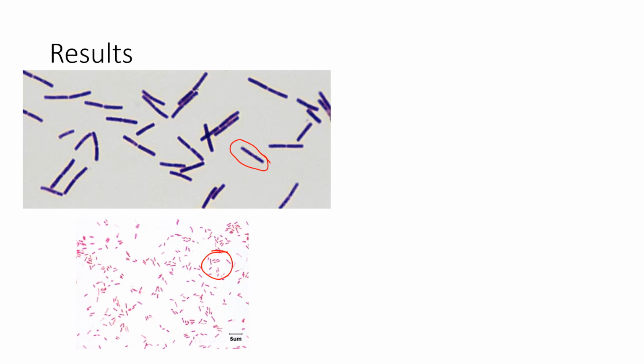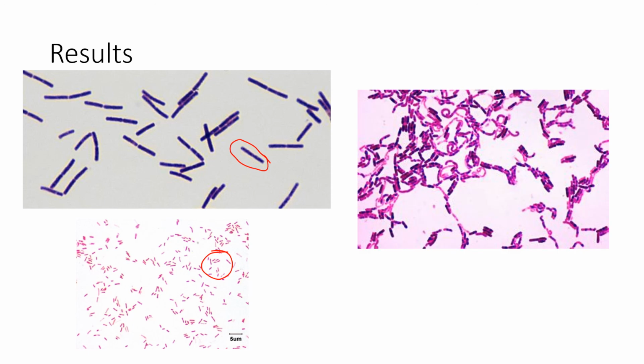If you see the following result, where you see both purple and pink cells, that is a mistake. You have a mistake in the procedure, because all cells of a particular species should be all 1 gram reaction. So if you see something like this, that means there is something wrong in your procedure and you need to repeat the gram stain.